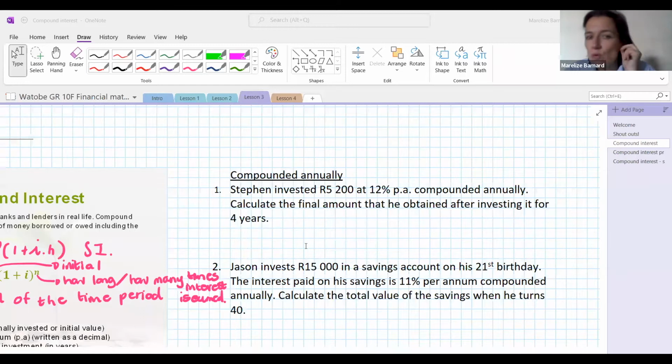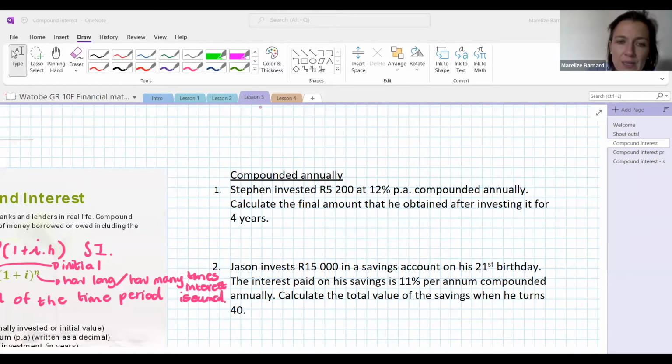So let's start off by looking at when interest is compounded annually. Stephen invested 5,200 Rand at 12% per annum compounded annually. Calculate the final amount that he obtained after investing it for 4 years.